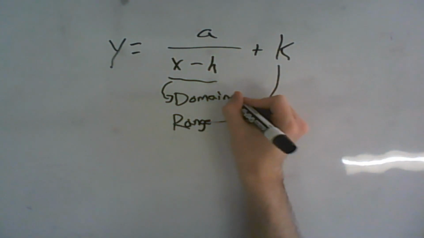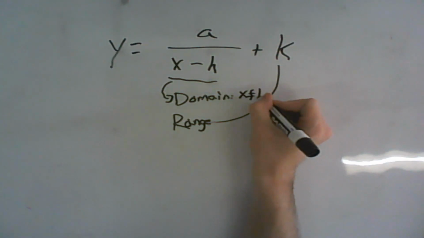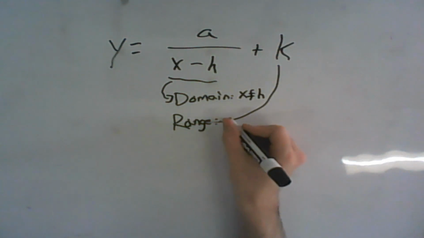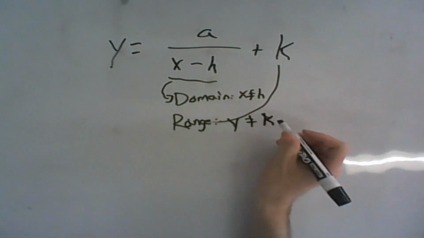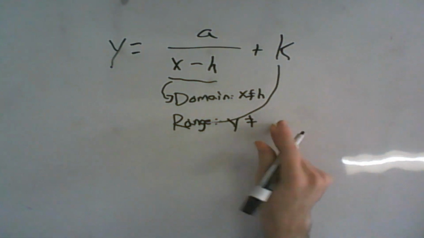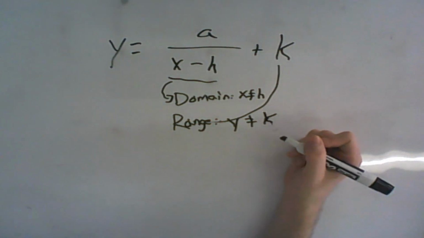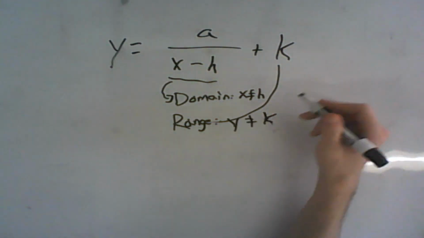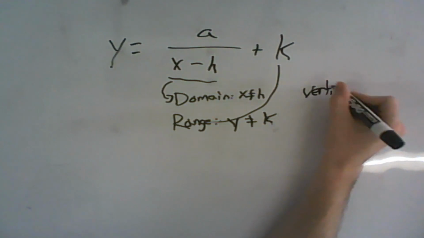Now for domain, x cannot equal h, and for range, y cannot equal k. And then vertical asymptote.